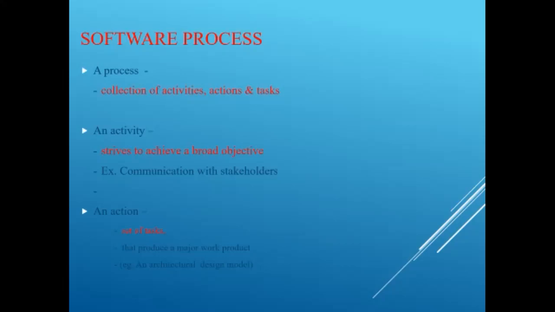This is an activity, that is communication with stakeholders. An action is a set of tasks that produce a major work product, for example, an architectural design model. This is the difference between activity and action.